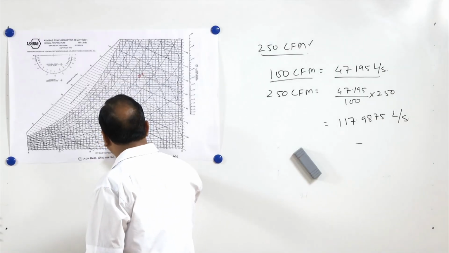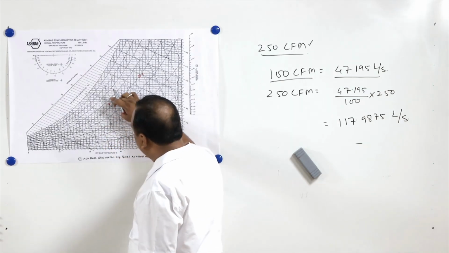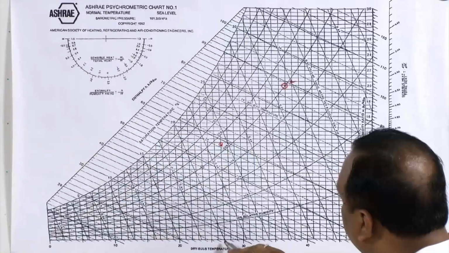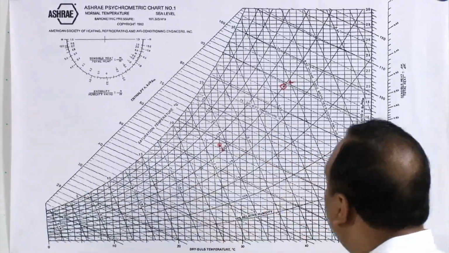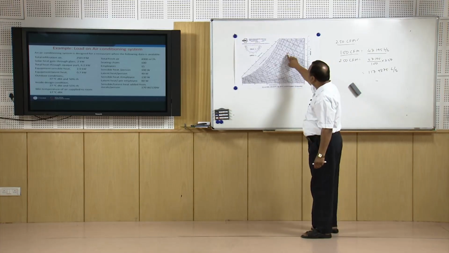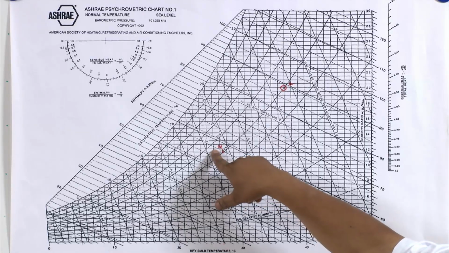So 27, this is 50 and this is going to be 55, between the 50% RH line and the 60% RH line. 27 degrees centigrade dry bulb temperature, this is going to be state B. So this is the outside air condition, this is the condition inside the restaurant.